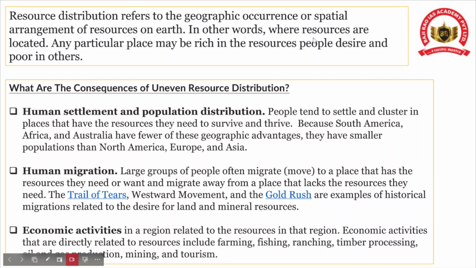In other words, where the resources are located is simply called resource distribution. Any particular place may be rich in resources, or a particular place may also be poor in resources. For example, a country like India: we cannot say that India is rich in resources, and we cannot also say that India has poor resources.